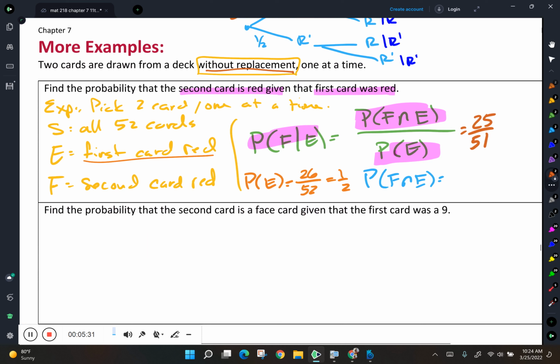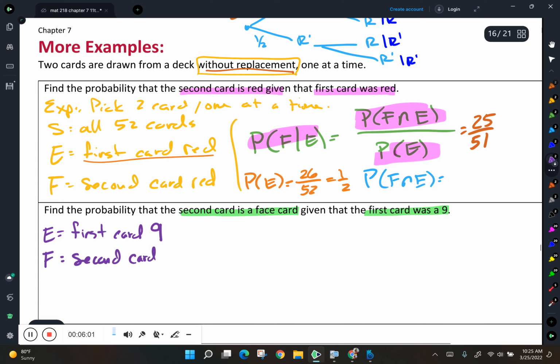Okay? Let's take a look at this next example. It reads, find the probability that the second card is a face card given that the first card was a 9. I'm going to say that E is the event that the first card is a 9, and F is the event that the second card is a face card.